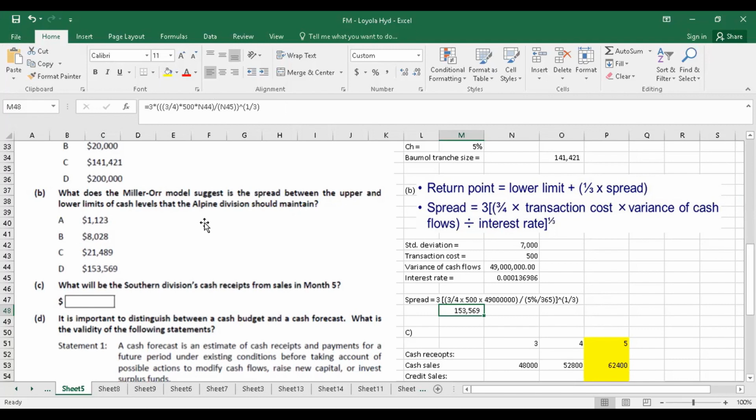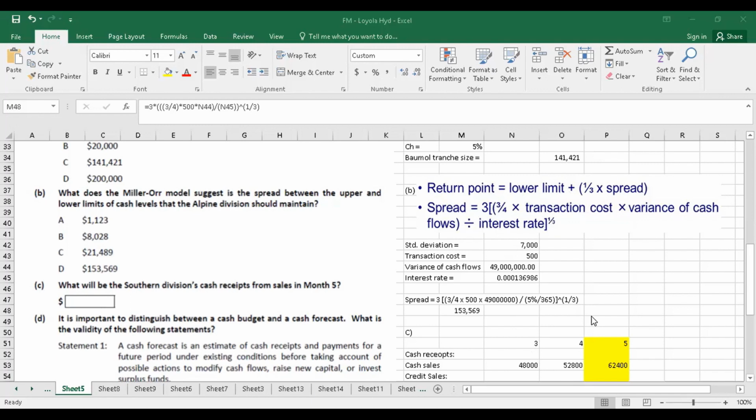If we were asked to calculate the return point, the least amount, the minimum lower limit, we would substitute in this formula and find out.